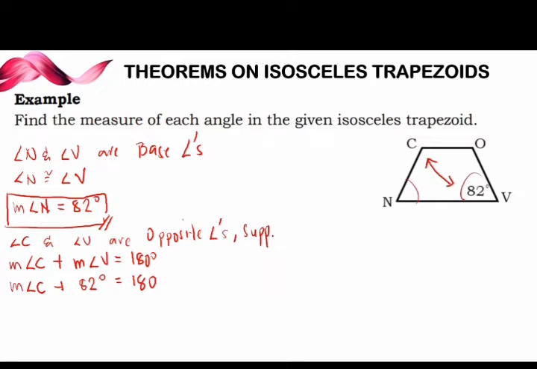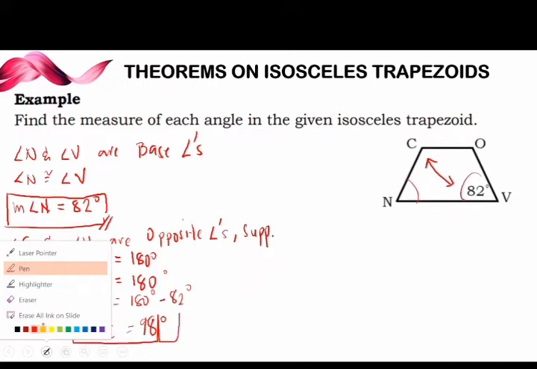We substitute, and this time we have to combine like terms. So we just have to move 82 to the right and it will become negative. The measure of angle C is equal to 180 degrees minus 82 degrees. So what will be the result? The measure of angle C will be equal to 98 degrees.